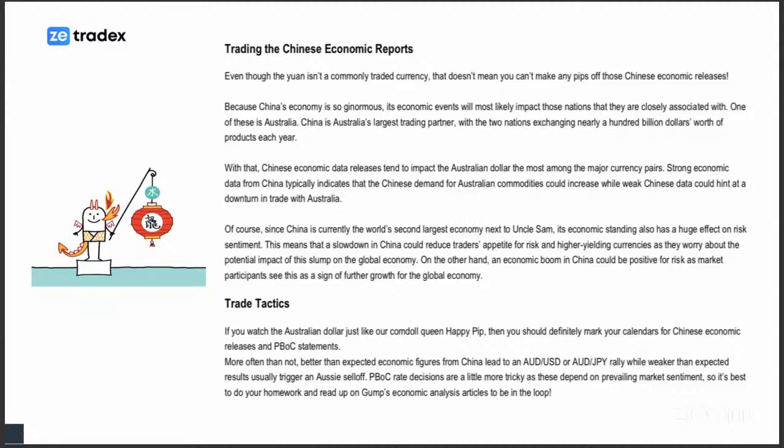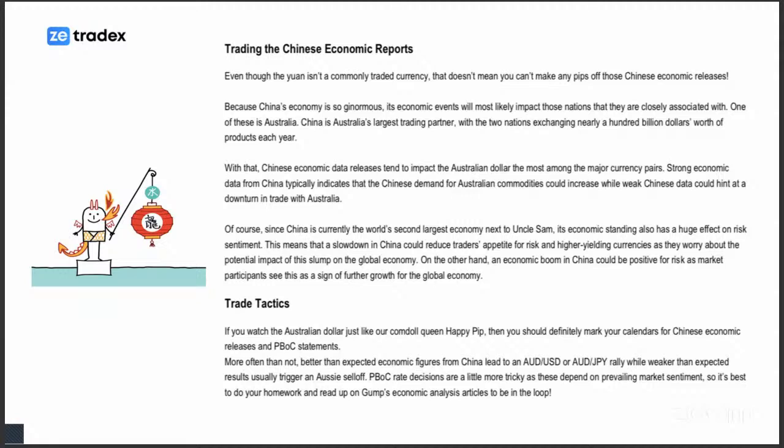Its economic events will most likely impact those nations that are closely associated with it, like Australia. China is most likely Australia's largest trading partner in recent times, and the two nations have been engaging in nearly $100 billion worth of products each year.